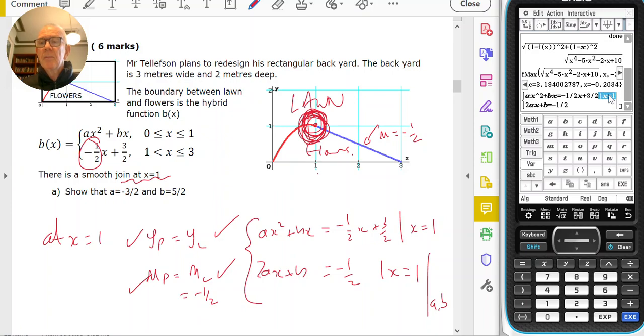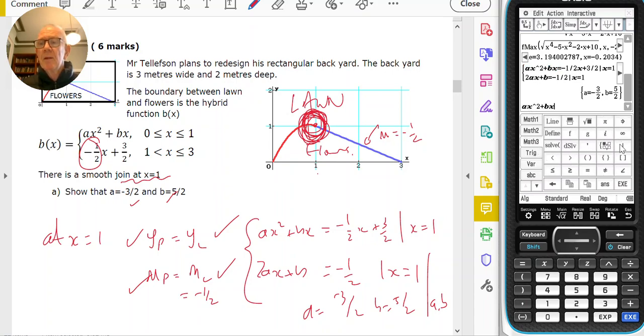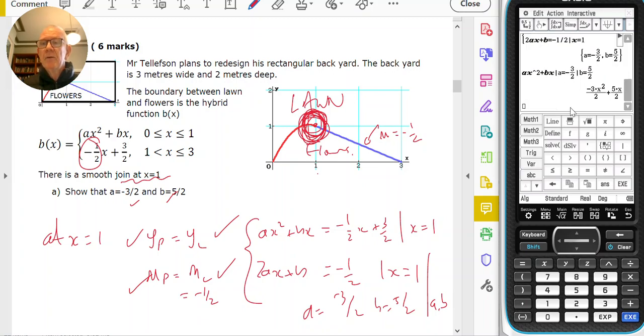Very quickly to type. And I'm solving that for a comma b. And fingers crossed I will get the answers, which are a equals negative 3 on 2, and b equals 5 on 2. So I might grab this into a new line, Math 3, given a equals that, given b equals that, and there it is in case I need it.